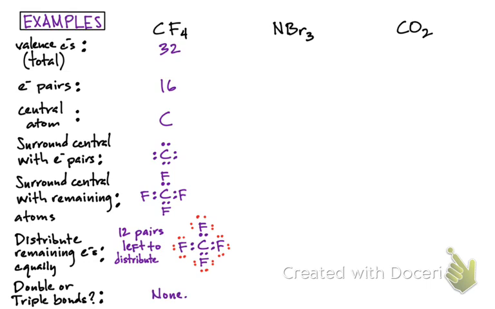And then we have to make sure that each atom within the structure satisfies the octet rule, which in this case they all do. And so we don't have to double check for double or triple bonds because each atom in the structure already contains 8 electrons.